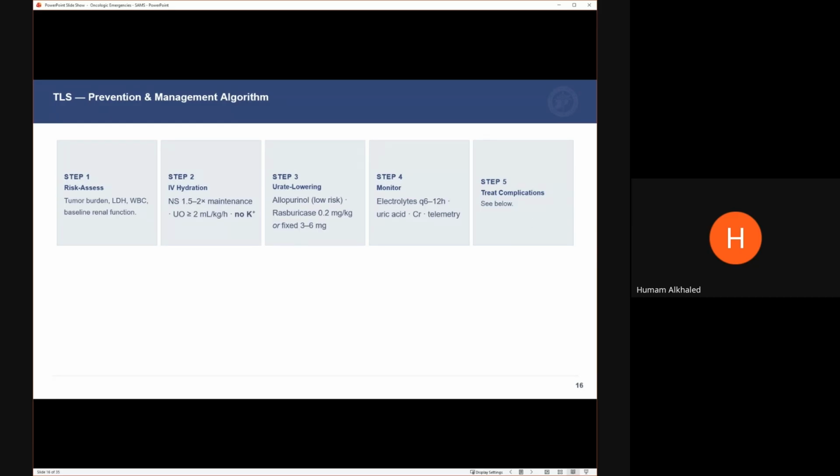Electrolytes monitoring and uric acid and BNP, or like renal functions. Depending on the patient, we can monitor them every 6 to 12 hours. And in certain patients, we do want to put them on telemetry or like heart monitoring, especially if they have high potassium or pre-existing heart arrhythmias.